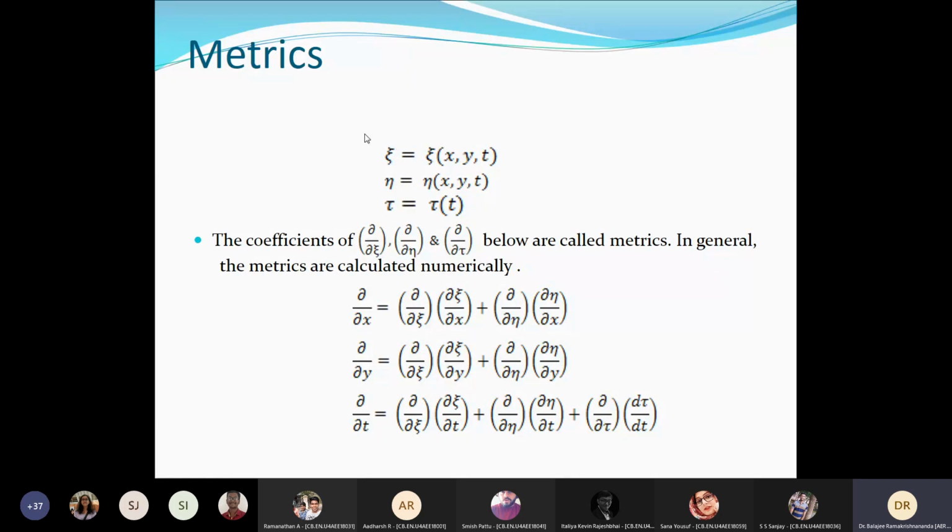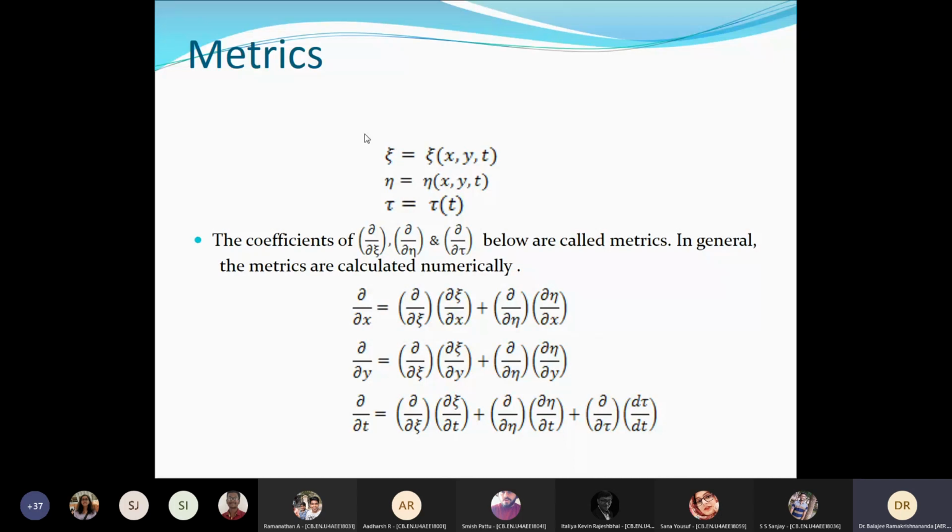So dou by dou x is dou by dou zeta into dou zeta by dou x plus dou by dou eta into dou eta by dou x plus dou by dou tau into dou tau by dou x. Now dou tau by dou x is 0 because tau depends only on t. So that term is neglected here.